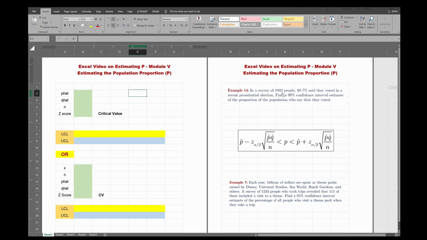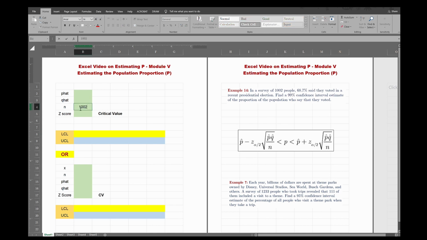In a survey of 1,002 people, 68.7% said they voted for the recent presidential election. Now it says find a 99% confidence interval estimate of the proportion of the population who say they voted. Here my sample size is 1,002, so my n is 1,002.